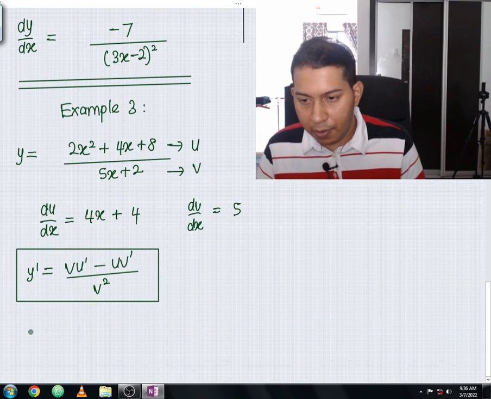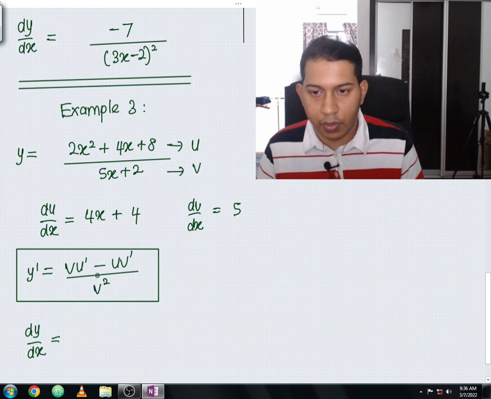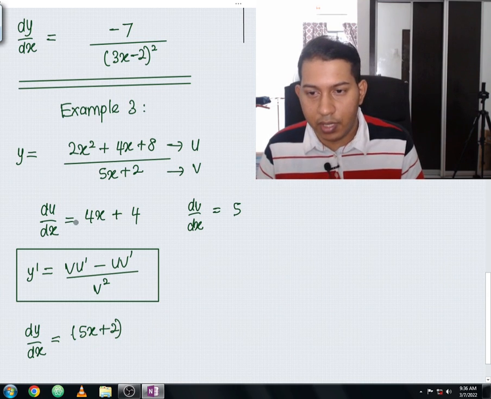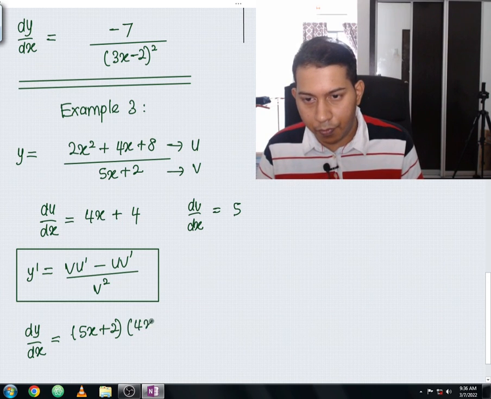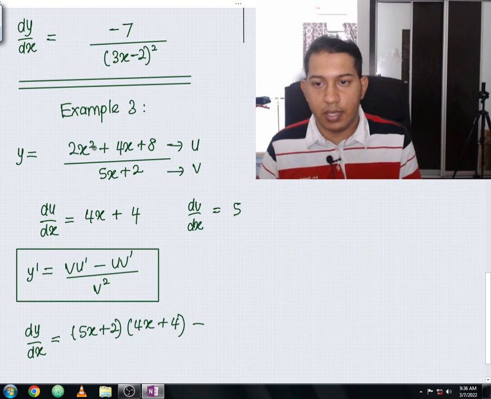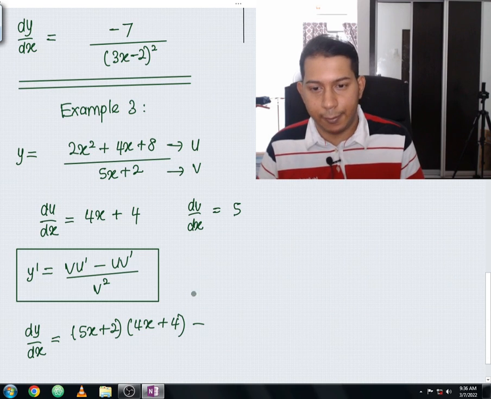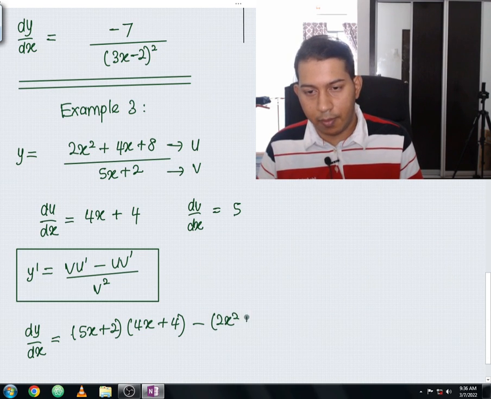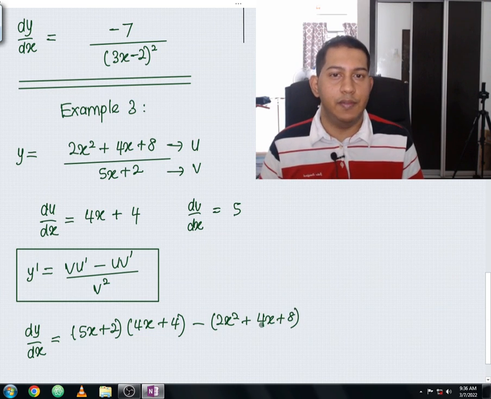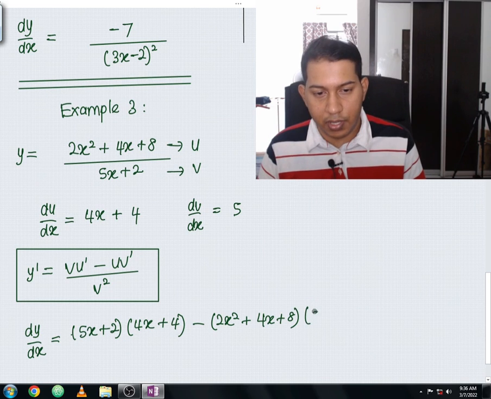So from here, dy over dx is equal to v, (5x plus 2), times the differentiation of u, which is 4x plus 4, minus u, which is 2x squared plus 4x plus 8, times the differentiation of v, which is 5.